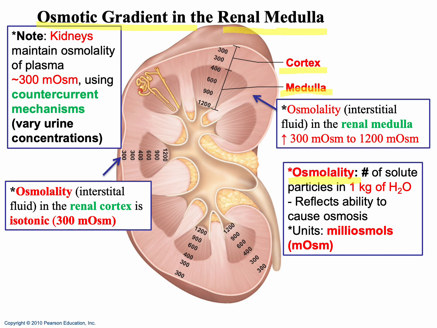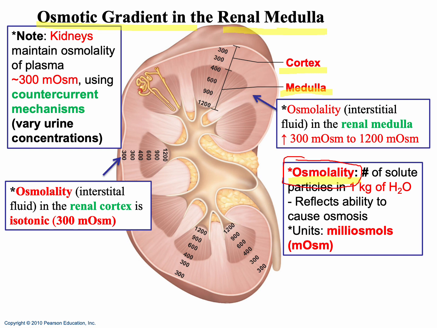Osmolality. This is an important chemistry term here. Osmolality ultimately looks at the number of solute particles in a kilogram of water. So really, it's the ratio of the amount of solutes, things like salt, things like nutrients, that we find in water.